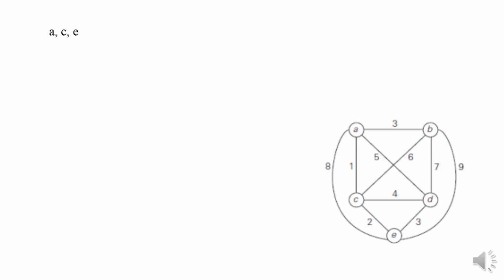After visiting ACE, you can visit vertex D, and the last vertex in this case would be the leftover one, that is B. Or you could visit B first, followed by D, and both these will end up with vertex A.